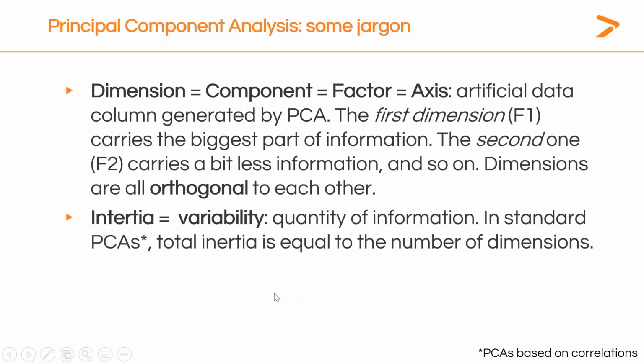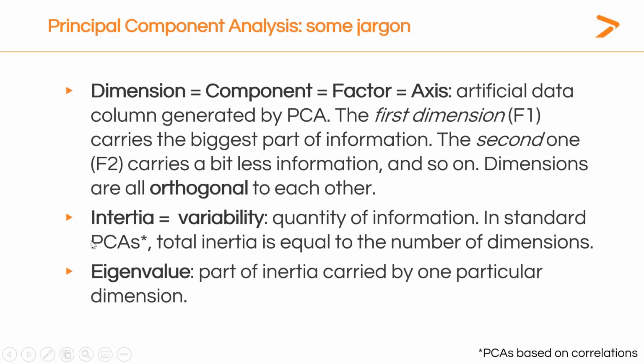Inertia or variability. This is the stretch, what I call the stretch also. This is the quantity of information in the initial data set. And in standard PCA, the total inertia is equal to the number of dimensions. This is not very important. An eigenvalue is a part of inertia carried by one particular dimension.